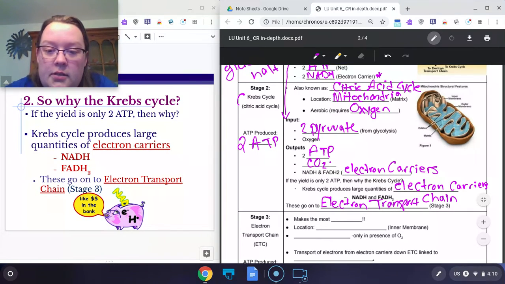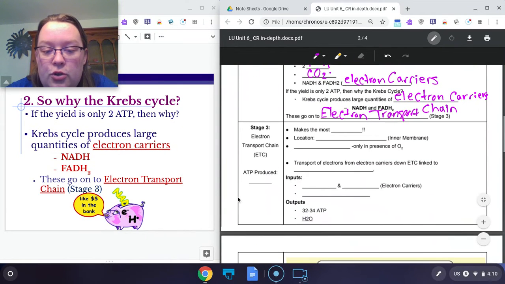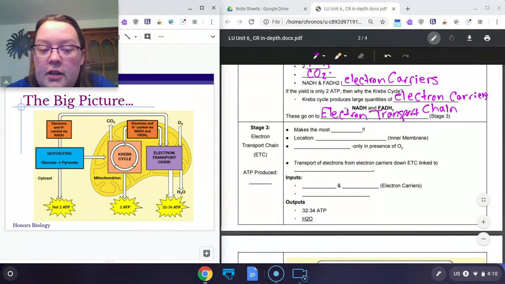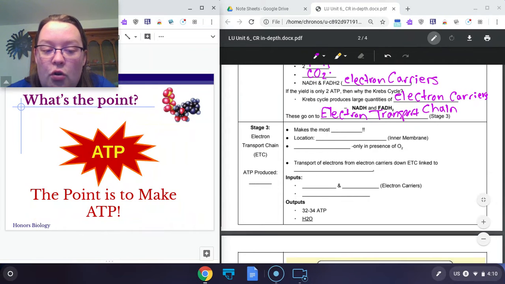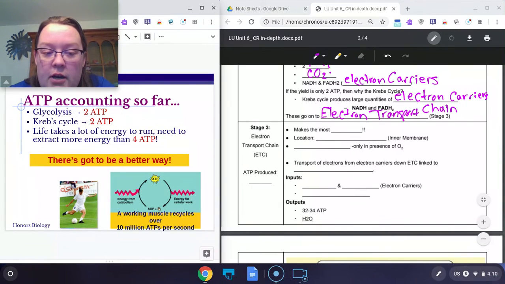So that brings us to step 3, the electron transport chain. Here, all of the electron carriers that we've made so far are going to go to the electron transport chain. Now, just to account for what energy we've made, glycolysis made 2 ATP, the Krebs cycle made 2 ATP, and just being honest here, life requires much, much more energy than 4 ATP.